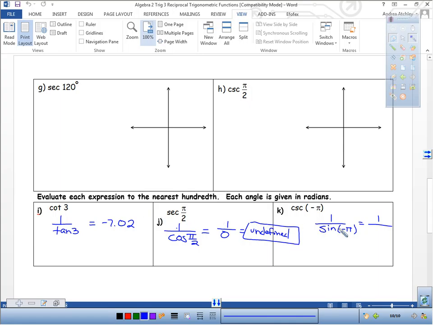This is 0, right? Because the sine of negative pi is 0. If you plugged in 1 divided by 0, you'll get an error, and so that will be undefined. Any questions over how we got that?